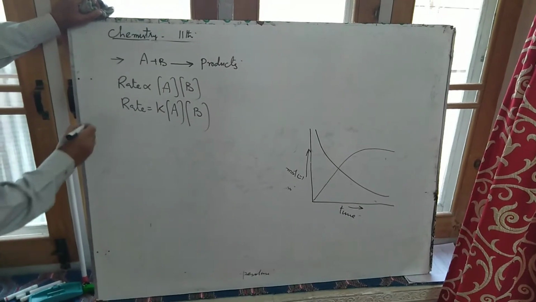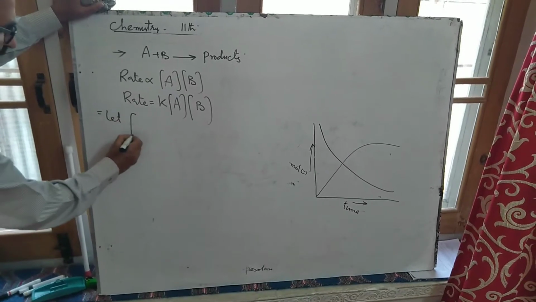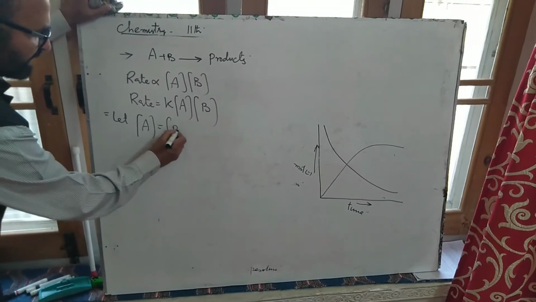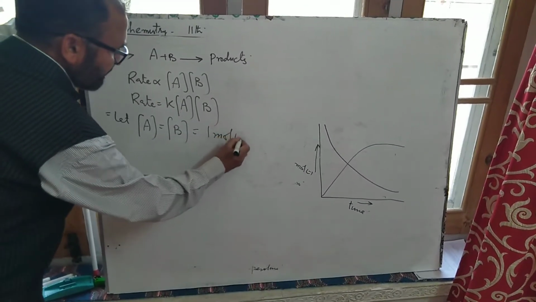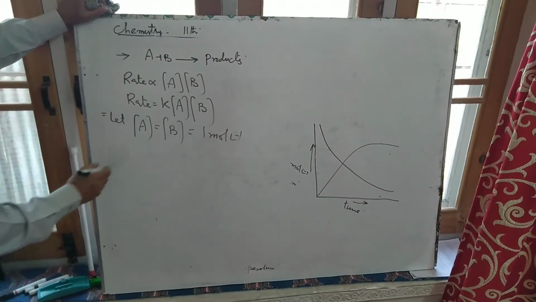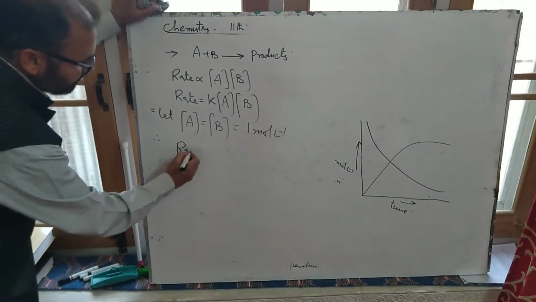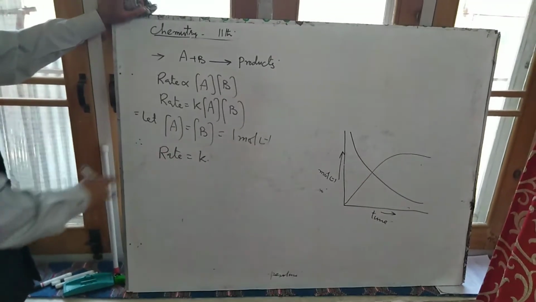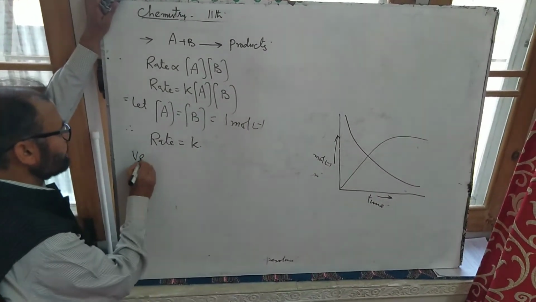Now if I consider that the molar concentration of A is equal to the molar concentration of B, equal to 1 mole per liter, that means the value of A is 1 and the value of B is also 1. Then at that time, rate is equal to K. So here we can define the velocity constant.